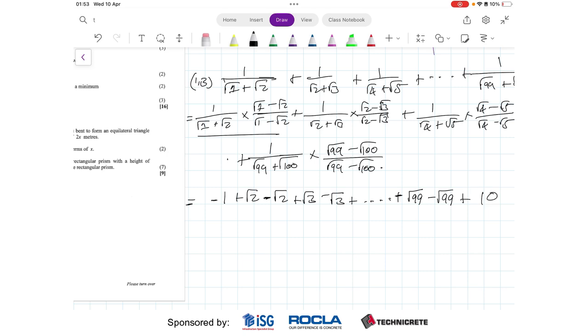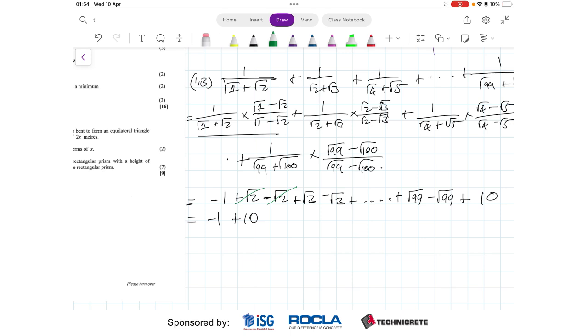So if you look at the way that this expression is progressing, every term other than the minus 1 and the 10 cancels out, because you get a positive and a negative square root of 2.